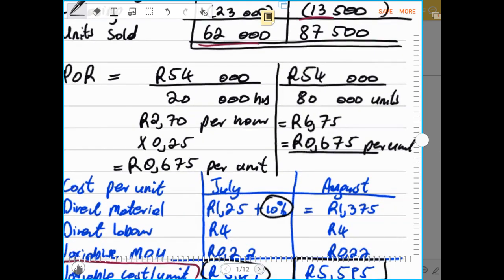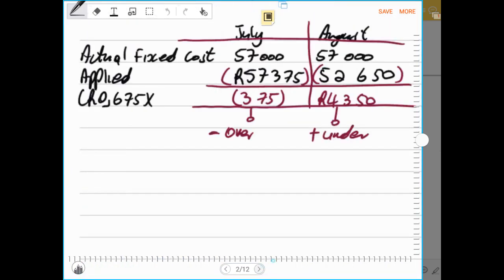If opening inventory, I will write it down.